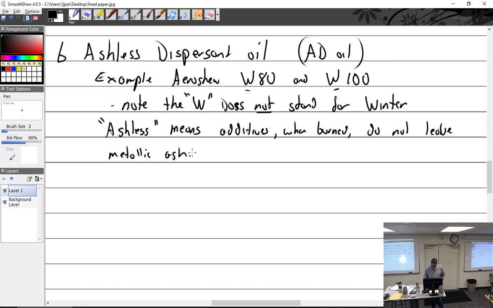All right. So ashless means, and dispersant means, that the oil suspends contaminants and carries them to the oil filter.